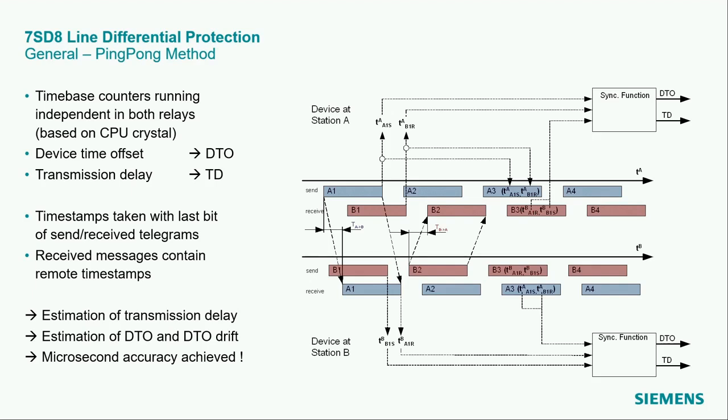The synchronization is based on the timestamp included in these telegrams. With the knowledge of the local timestamp sending a message and the local timestamp receiving a message, and also the information of the processing delay in the remote relay, we can calculate the average transmission delay of the communication path, dt.